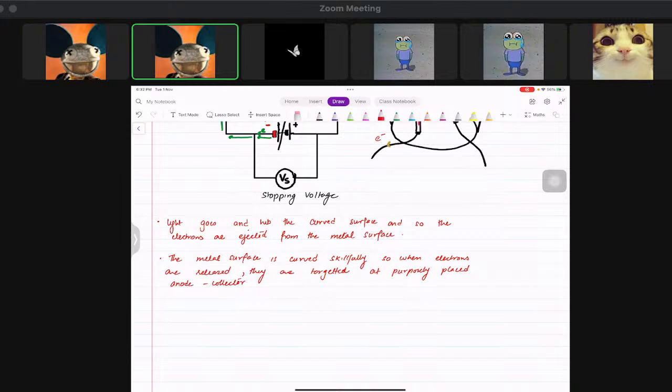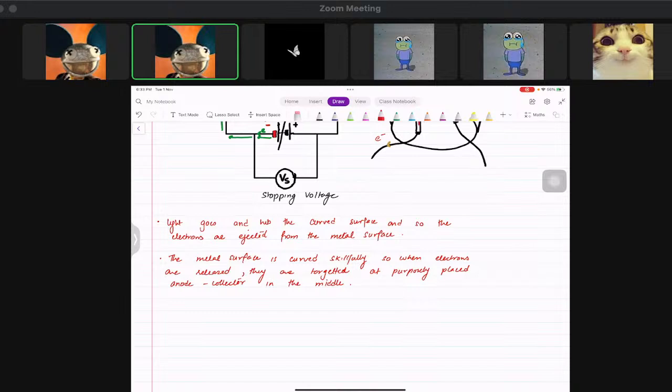The anode collector can be like this copper rod, in the middle, like that. Okay.